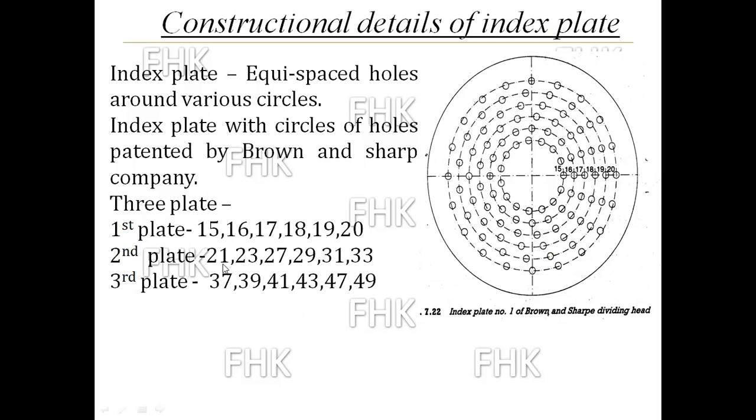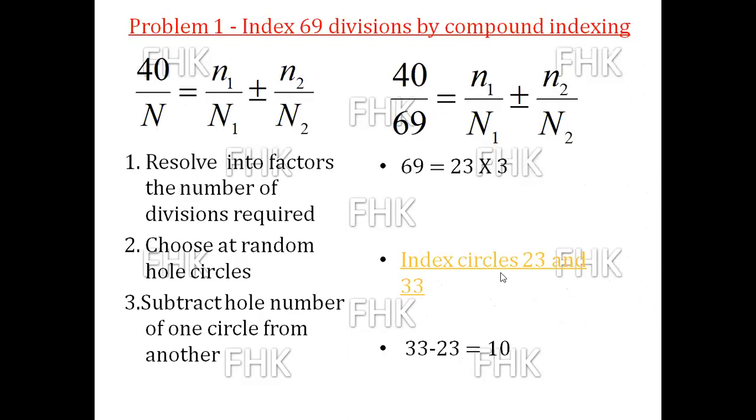Or someone may take the combination of 21 and 23. Any combination you can take, but that combination should be on a single plate. You can't take a combination like 23 and 16. The second whole circle you have to select from the same plate. Okay, is that clear?